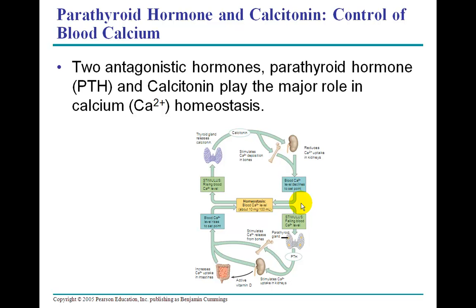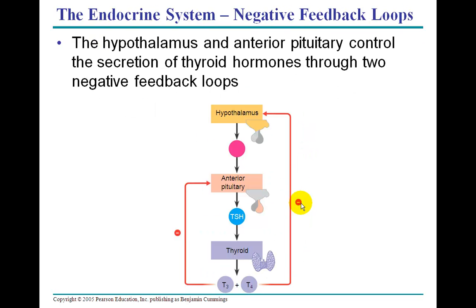Looking at T3 and T4, the hypothalamus senses that there's too much T4, so it's going to want to reduce the amount of iodine in the bloodstream. It sends a signal to the anterior pituitary gland, which releases thyroid stimulating hormone, TSH, and it's going to instruct the thyroid to collect iodine and store it in the thyroid gland.